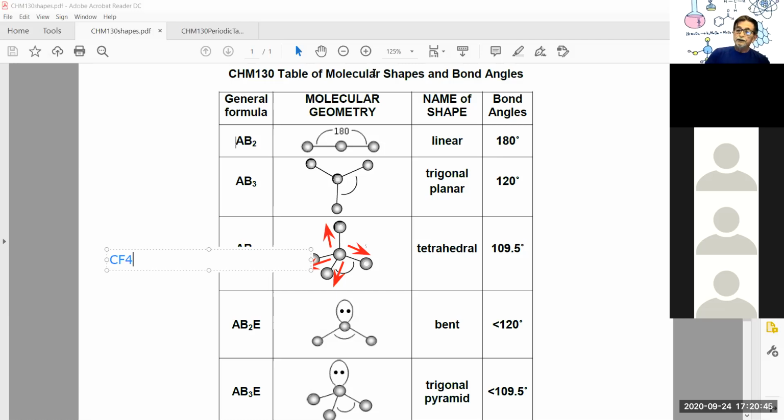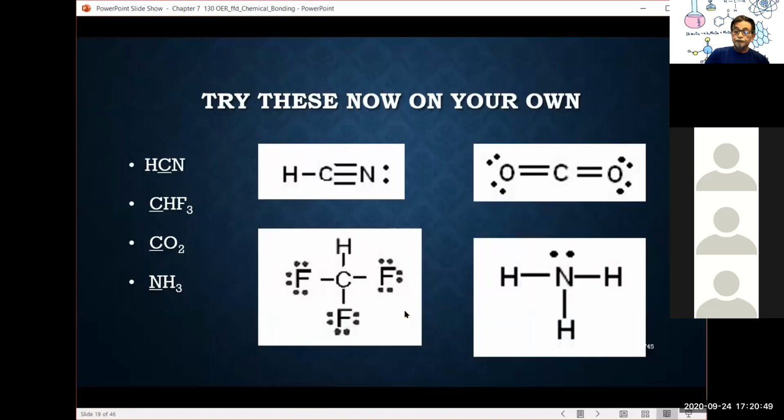Okay? The example that your book used is where you replaced one of those fluorines with a hydrogen. It's still tetrahedral, but you have a carbon-hydrogen bond, which is nonpolar. And so the remaining 3 polar bonds do not cancel each other out. And so this example that's in your slide is a polar species.